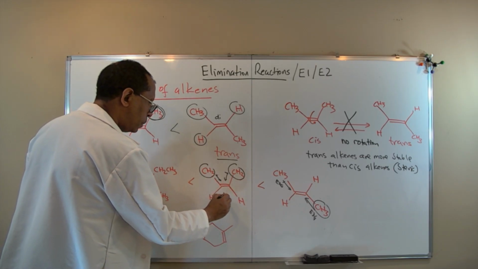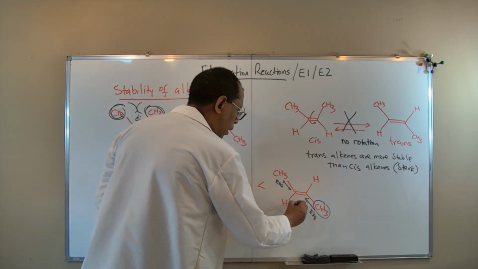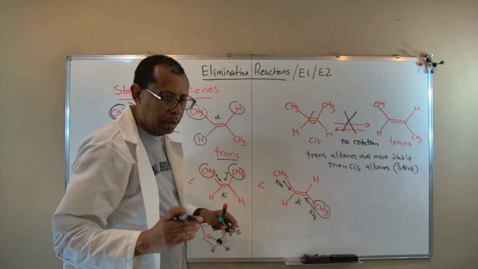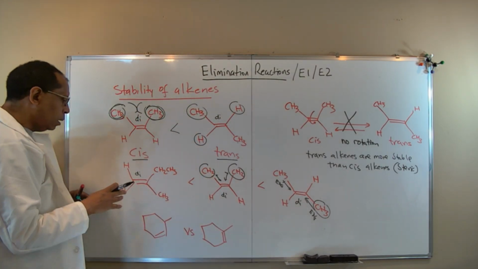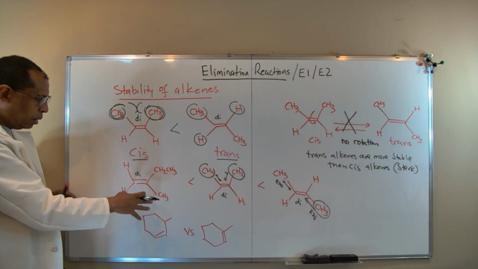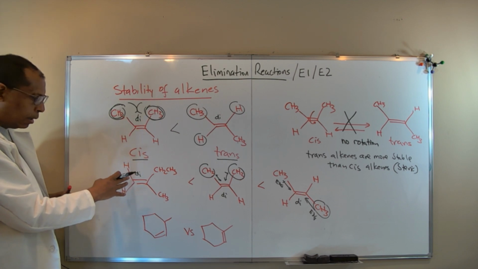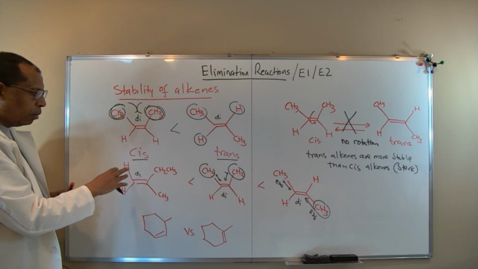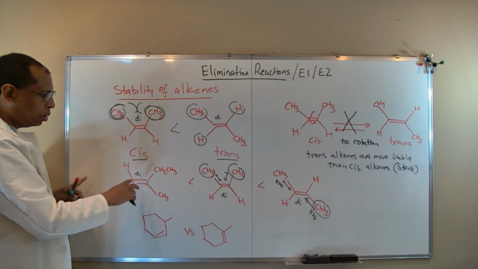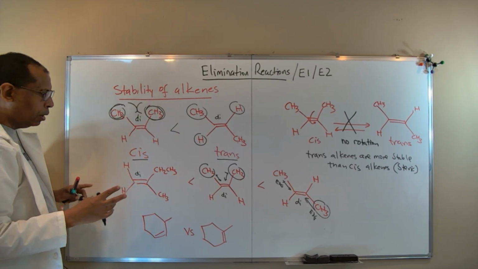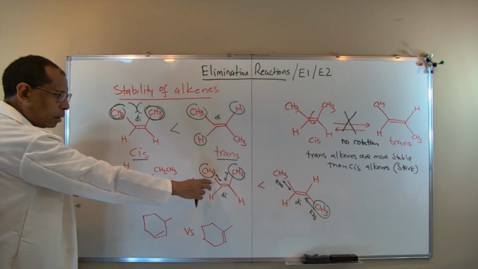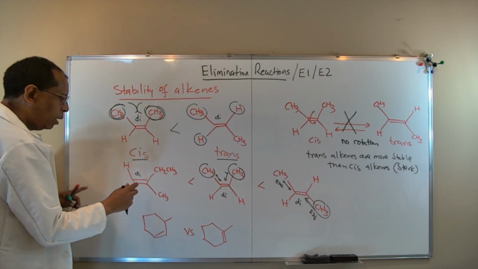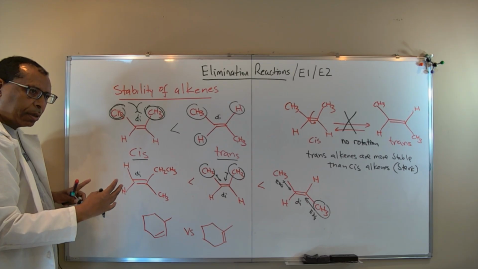This is also a di-substituted alkene. Okay. So here, these are terminal alkenes because the hydrogens are at the terminal. So the 1,2 substitution makes it more stable than this substitution pattern. So internal double bonds are more stable than terminal.